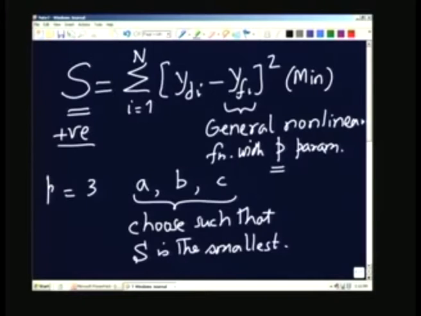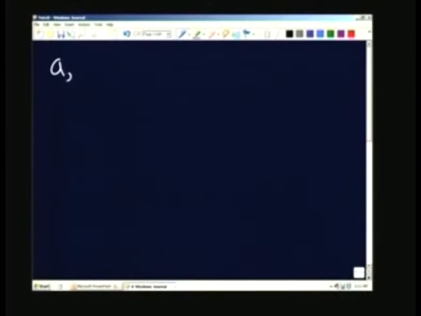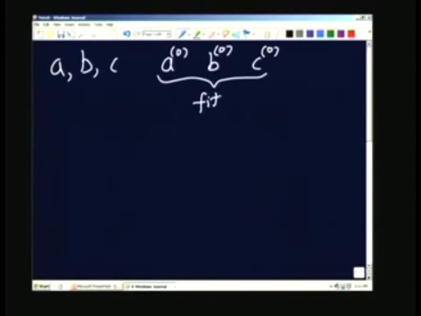Suppose I make a sketch of S. You remember that I have A, B and C. If I use values, let us say A naught, B naught, C naught, arbitrarily, just choosing 3 different constants which describe the fit, we will call it the fit parameter set.